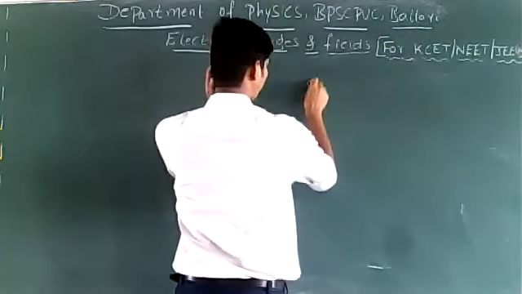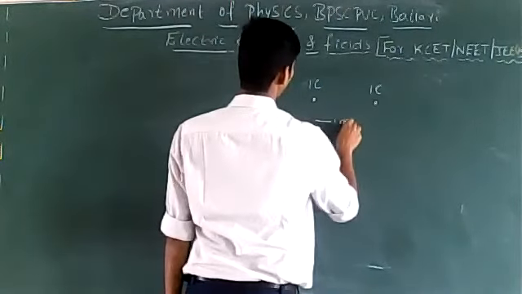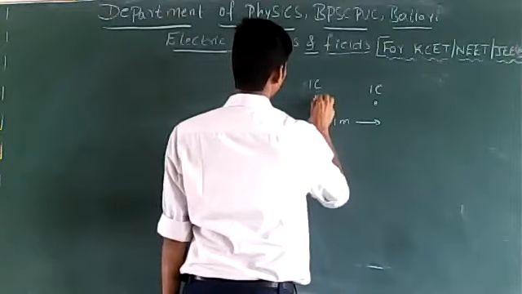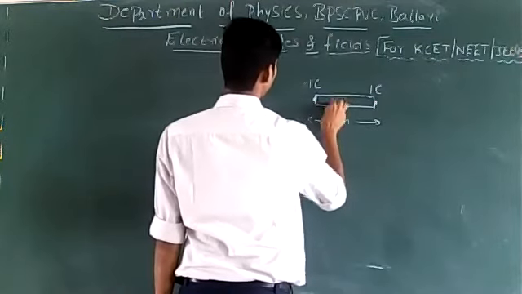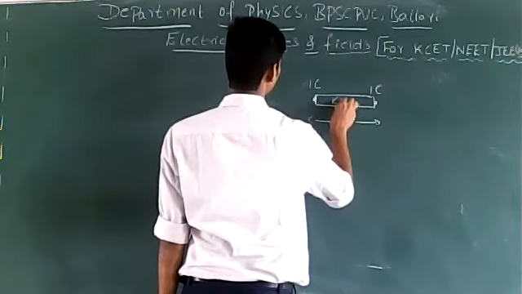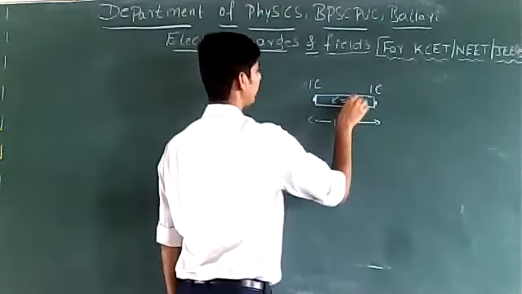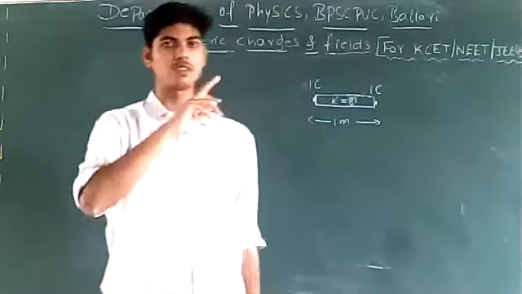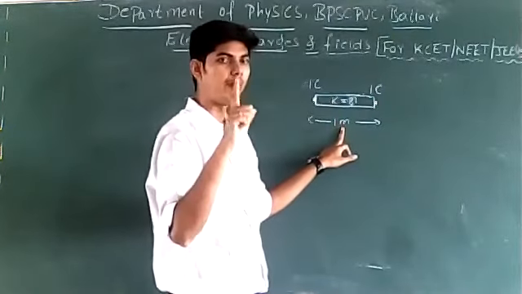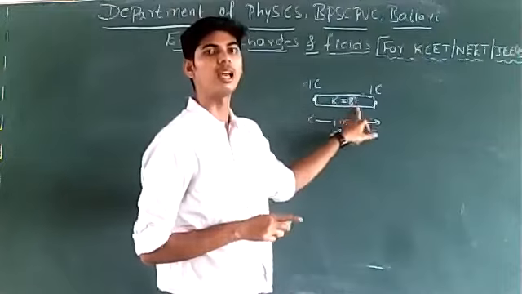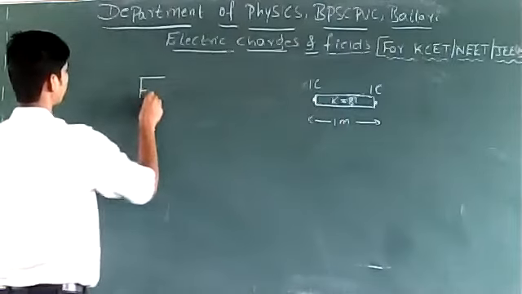Suppose here are 2 point charges, 1 coulomb and 1 coulomb, separated by a distance of 1 meter in presence of a medium of dielectric constant 81. We'll calculate the force between these two charges.